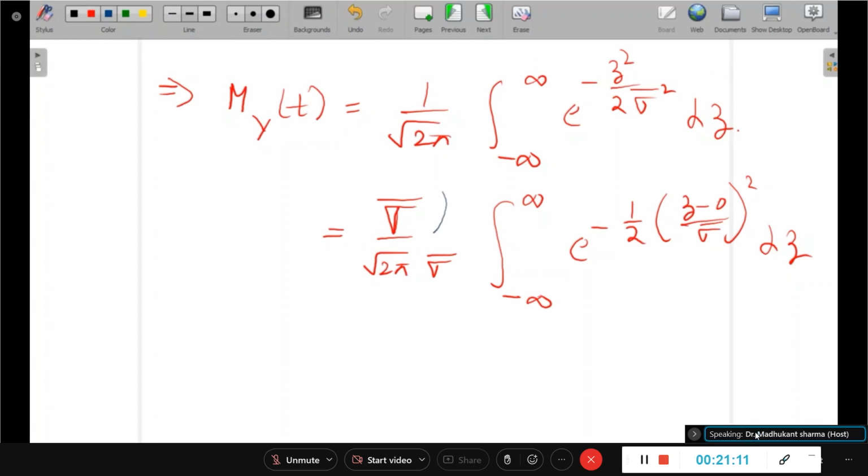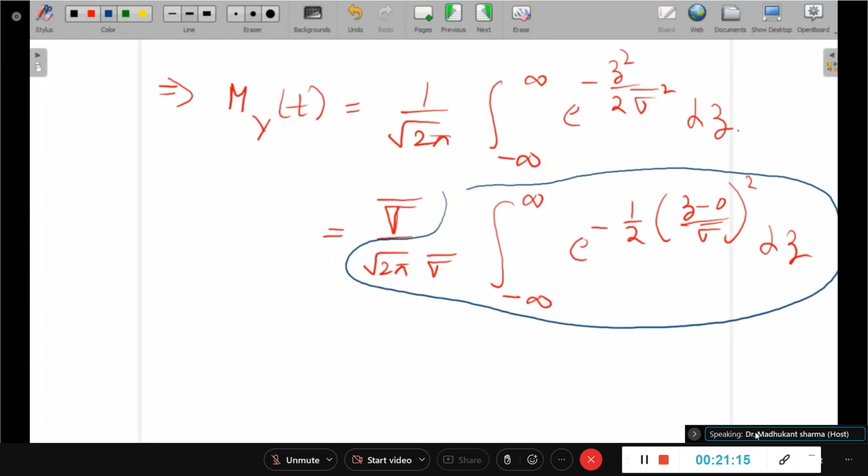This can be easily identified as a density function for a normal random variable with mean 0 and variance sigma bar square. So this is a density function, so its value is 1 that you can use. Okay, and that's equal to sigma bar.